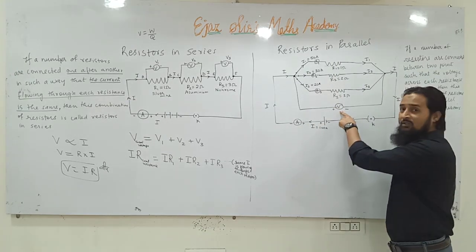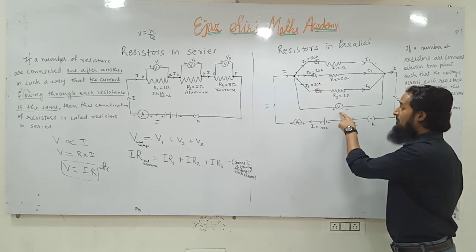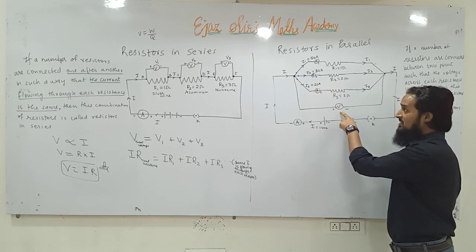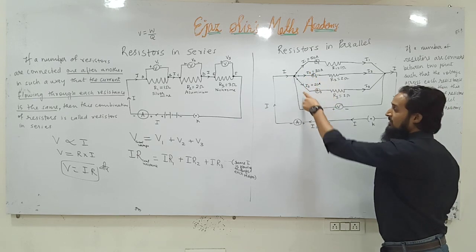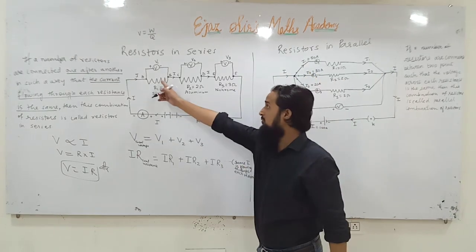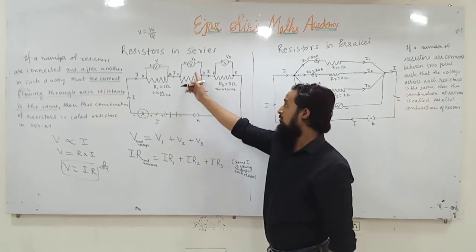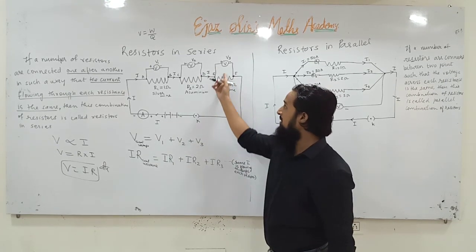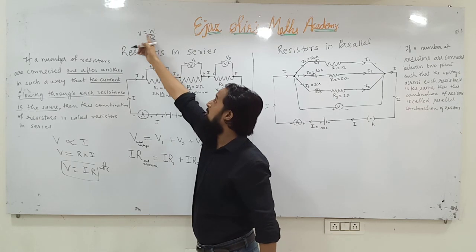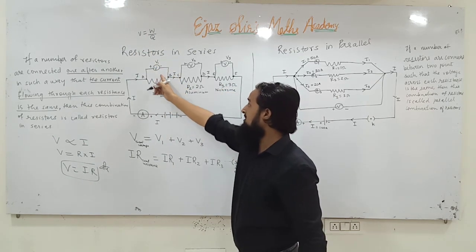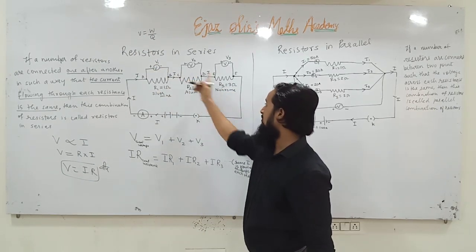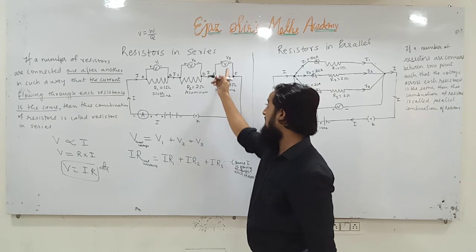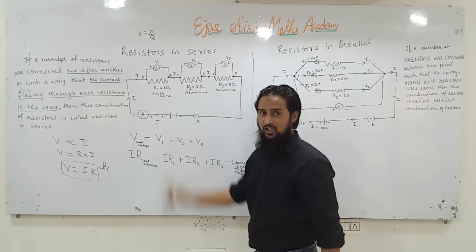See, I have connected only one voltmeter. Why? Because in parallel combination, the voltage remains the same, current gets divided. The voltage was minimum here, more here, and maximum here because the resistance was maximum. Voltage is directly proportional to work. Minimum resistance, minimum work. Maximum resistance, maximum work means maximum voltage.